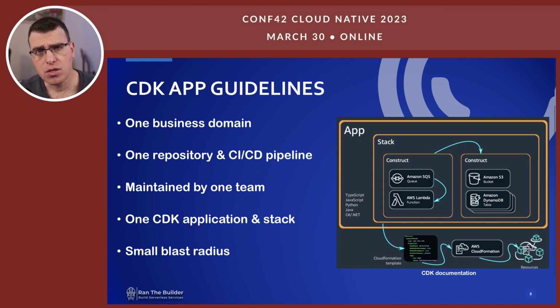So I think it's usually best practice that you should have one stack, one business domain maintained by one team so you don't have conflicts, one CI/CD pipeline. And the reason I said one stack is because assuming you have several stacks in this application, you deploy the first stack and then the second stack.